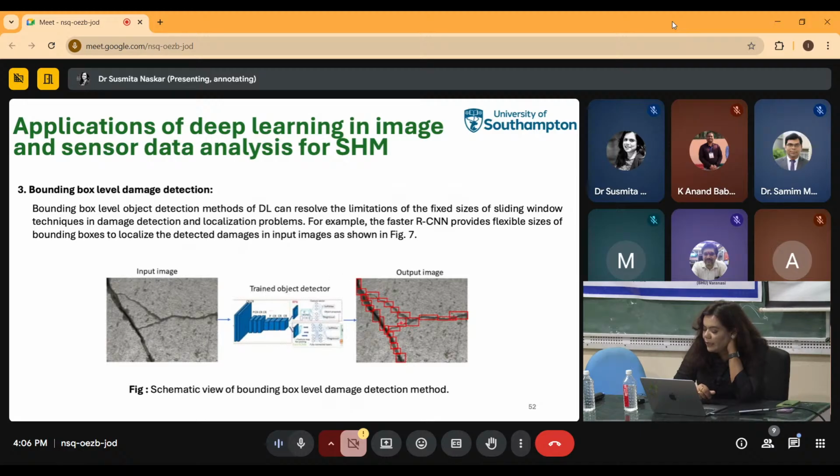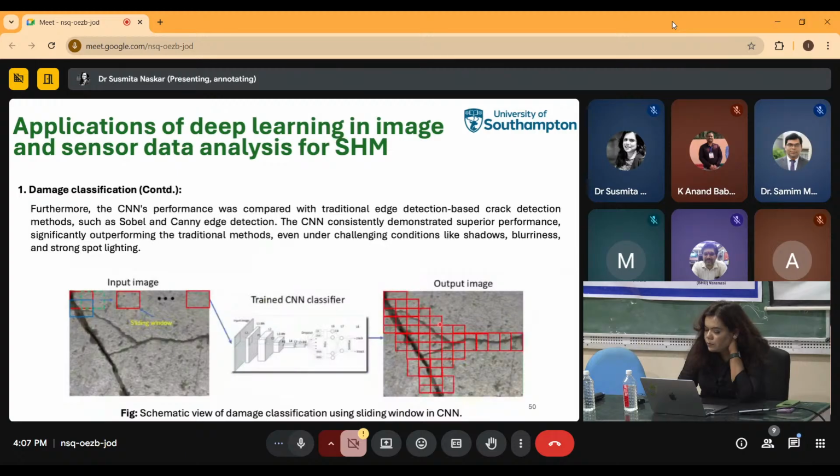It displays multiple bounding boxes, as you can see here, overlaid on the crack or damaged region, localizing them very precisely, right? This approach automatically adapts to varying sizes and shapes of damage rather than being limited to fixed windows, compared to this one, right?